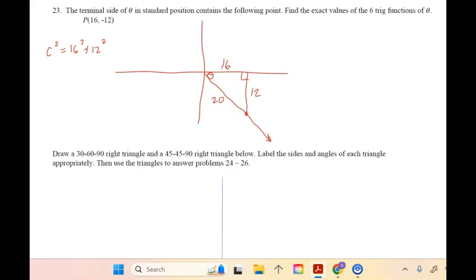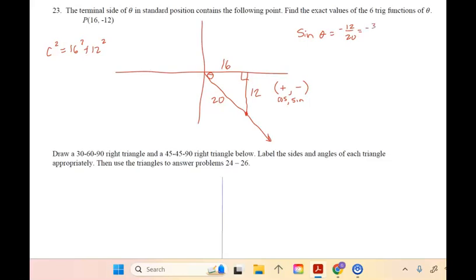All right, and now I'm going to find the 6 trig values of theta. So sine of theta is opposite over hypotenuse, but in quadrant 4, remember, the x-coordinate is positive, the y is negative. That means cosine is positive, sine is negative. So it starts off as negative 12 over 20, but I can reduce that. I can divide 4 into each of those.